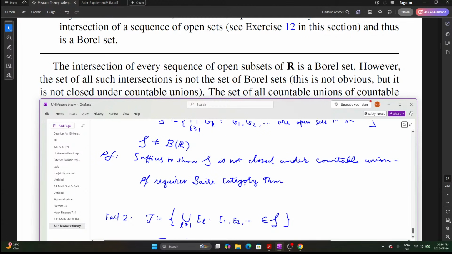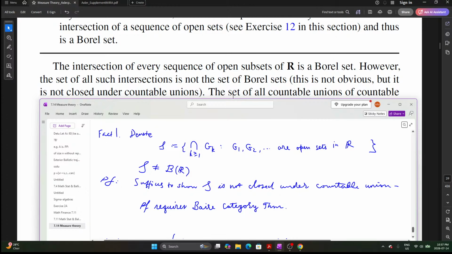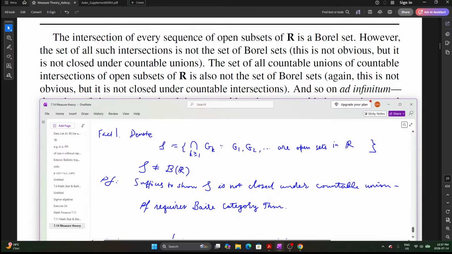I'm not quite sure how it works. He mentions something like transfinite induction, but I have no clue how that works, so perhaps it's not even relevant here. But basically, it's fair to say that proving this fact requires arguments equivalent to the Baire category theorem, which is a little far from our main goal. That's why I'm skipping the proof.